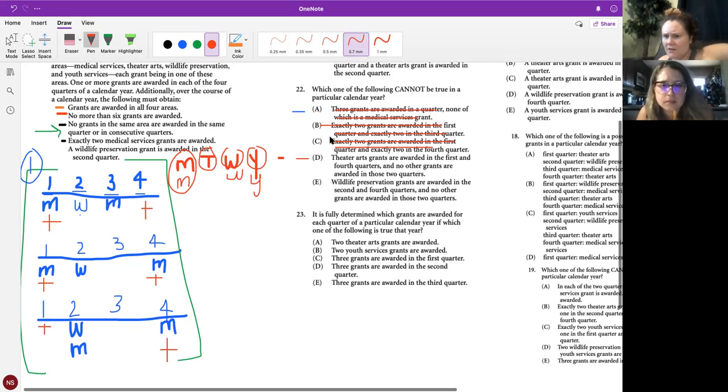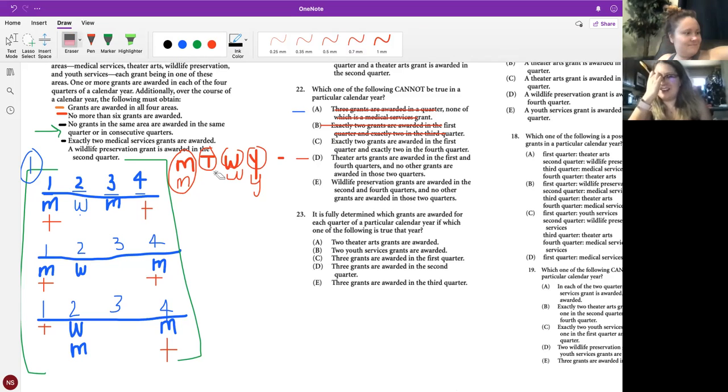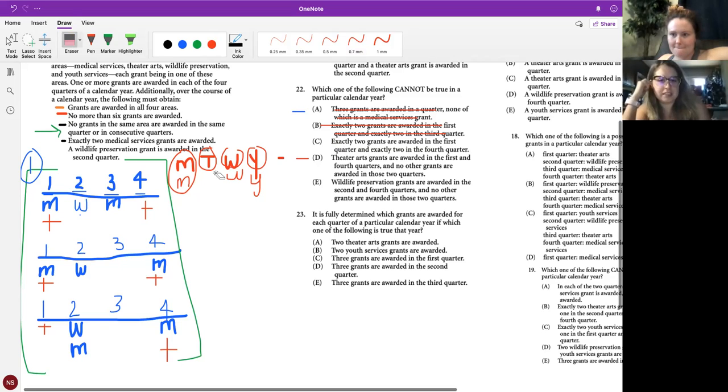Didn't you already cross C off? No, I did B. Oh, I'm sorry. I'm on D. I just drew out D. I thought you were saying D was a violation. Oh no, I looked at C and thought it's the same thing as B, but I tried drawing it out just to see. If I had T and I have Y, okay, yeah, it is the same thing as B. I'm going to shift it over.